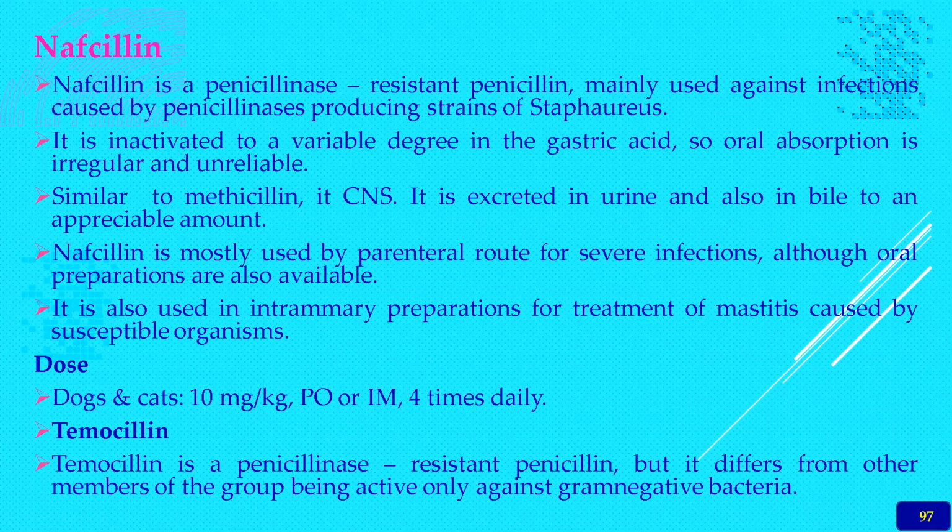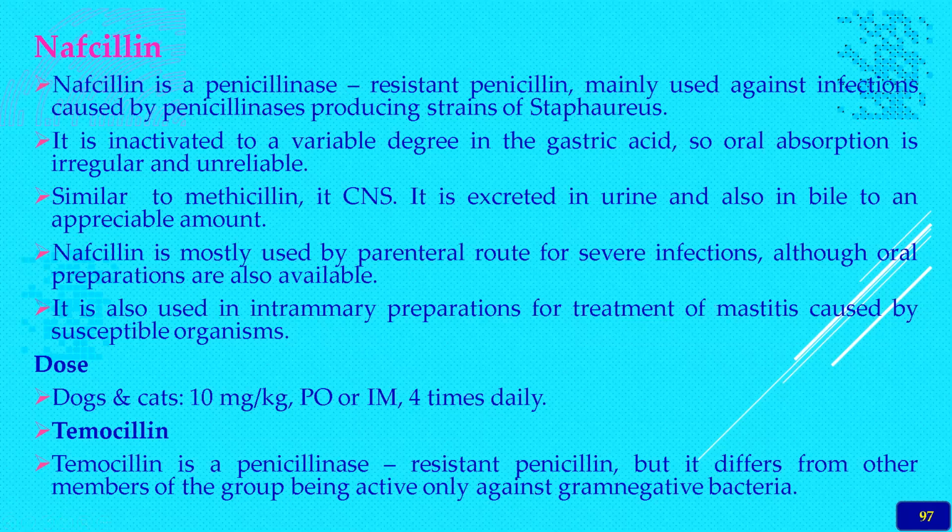It is similar to methicillin and crosses into the central nervous system. It is excreted in the urine and also in bile to an appreciable amount. Nafcillin is mostly used by the parenteral route because orally it is not absorbed properly.